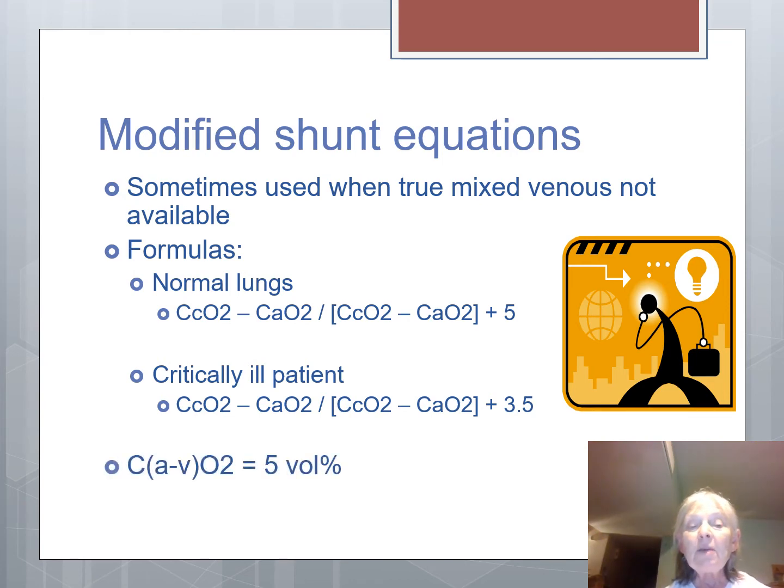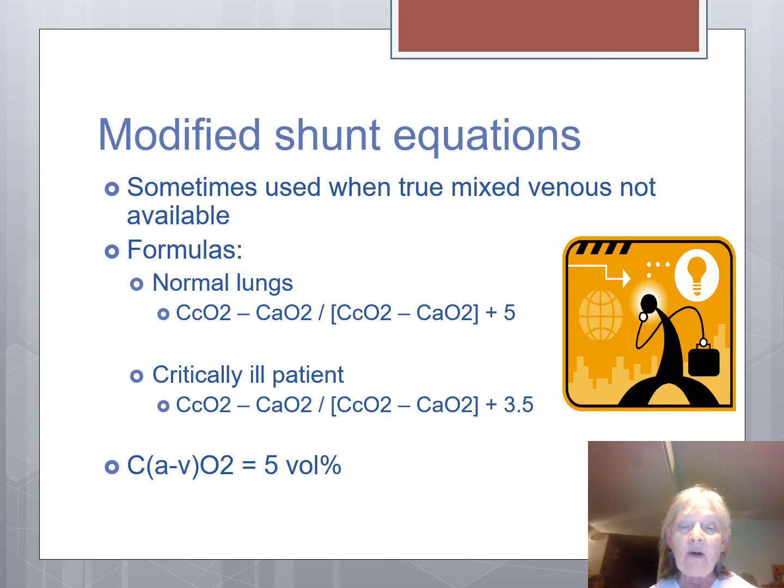So there's the formula, CaO2 minus CvO2, and the difference is 5%, and that is expected to be normal. When you get into fifth semester, Tammy during hemodynamics is going to talk about what affects this. One of the things that affects this is your cardiac output. If it's increased or decreased, it's going to have an effect on it.